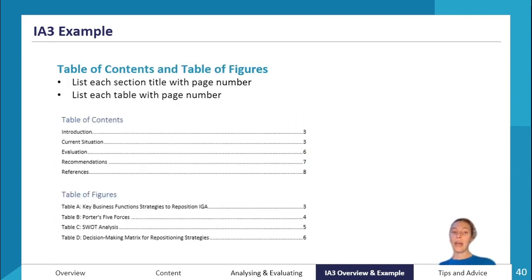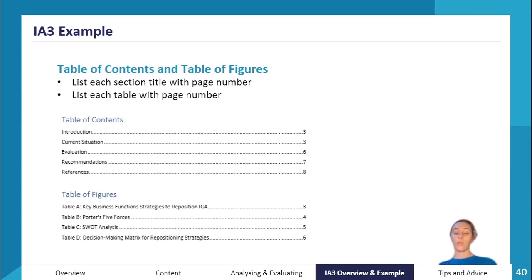And then on your next page, you want your table of contents and your table of figures, if applicable, as well. So you want to list each section title with the page number. So this is something that you can just automatically generate in whatever software you use to write your assignment, whether it be a Word document or a Google Doc or something similar. And list each table with a page number.